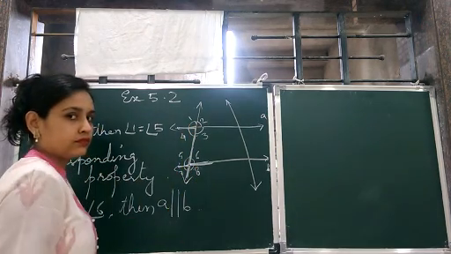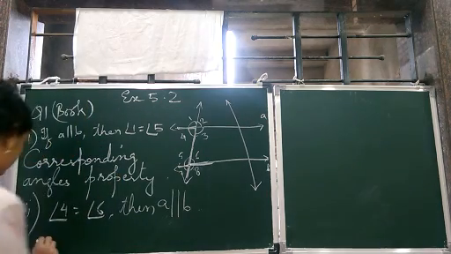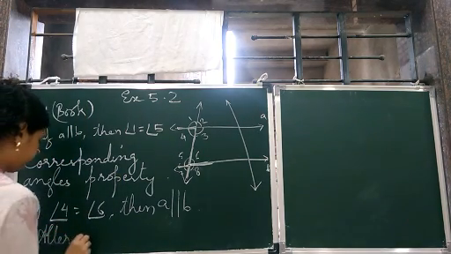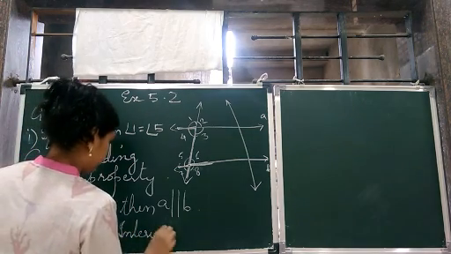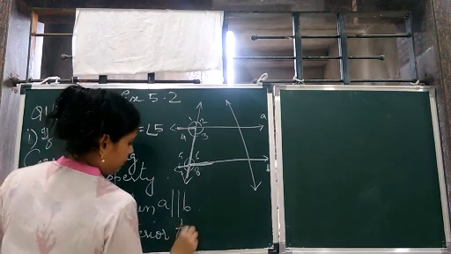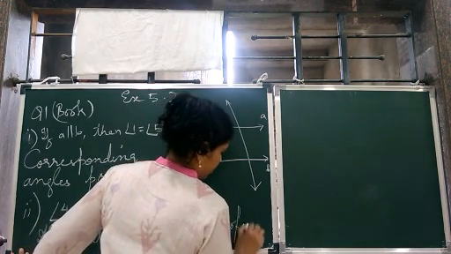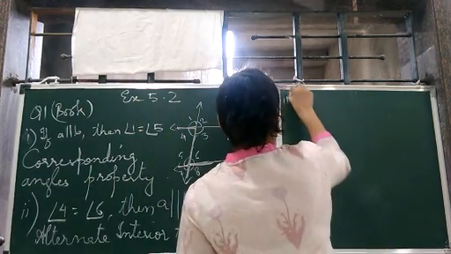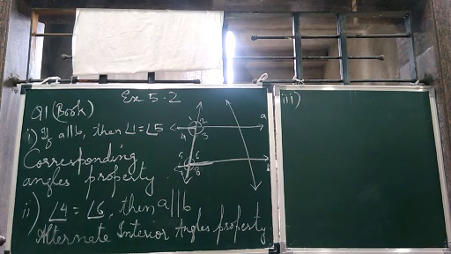Z. So, alternate interior angles property. Okay, this completes the second one. Then let's go to the third one.